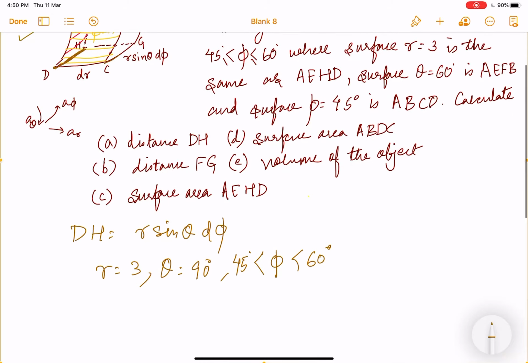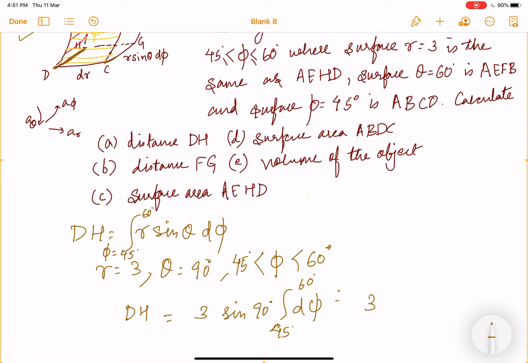Only my phi is variable over here. So all I need to do is to integrate it to find out the total length DH. Phi will vary from 45 degrees to 60 degrees. So 3 sine 90 degrees, and over here d phi, just simply integrate it from 45 degrees to 60 degrees. This is 3 and phi, you got this is 15 degrees.